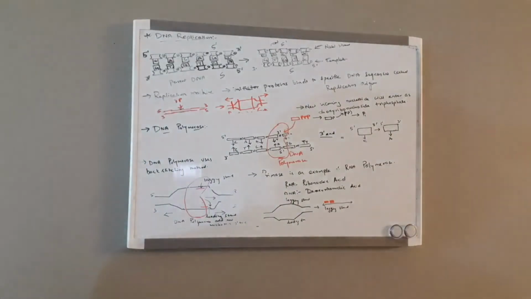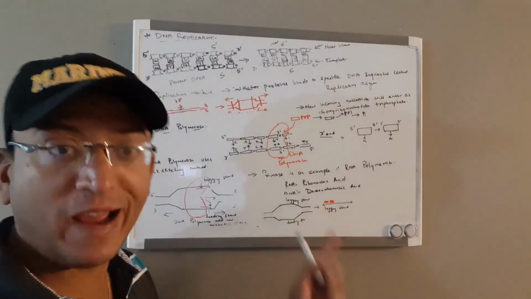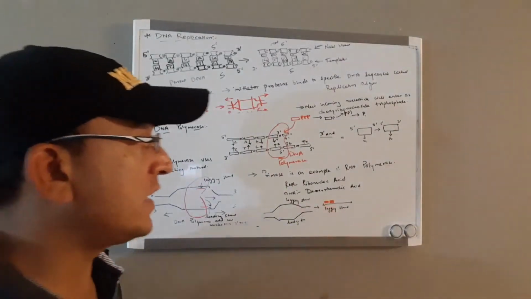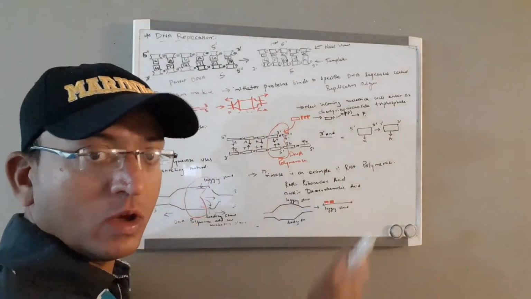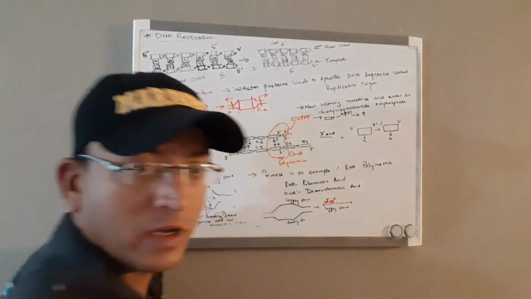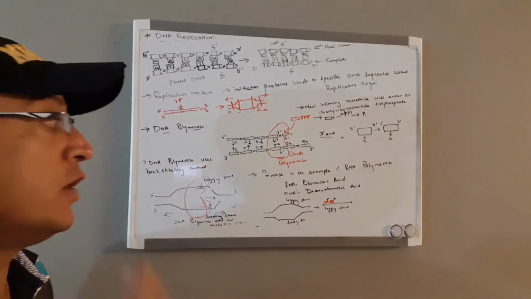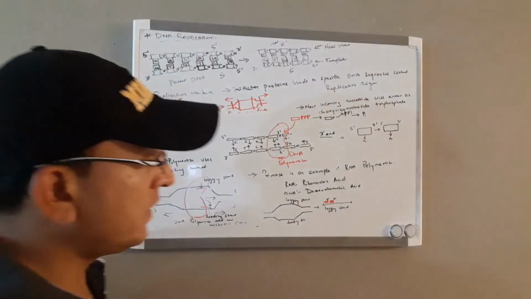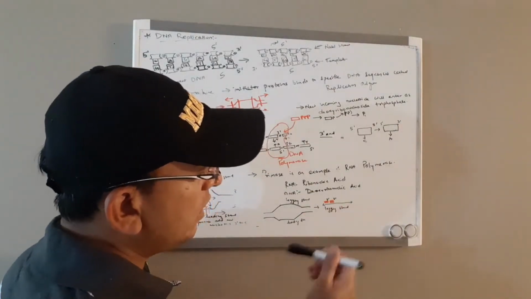So what will the DNA polymerase do? DNA polymerase will add deoxyribonucleotides at the 3' end of each primer. Like this is the 3' end of each primer. It will add at the 3' end of each primer to start a new Okazaki fragment, and it will continue to elongate.